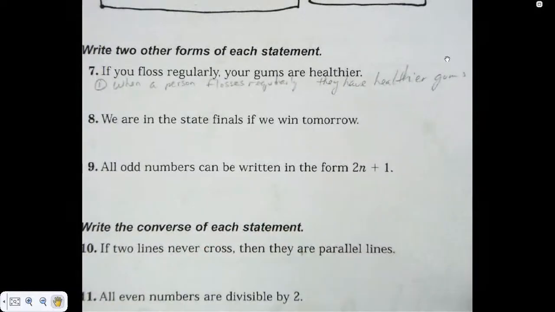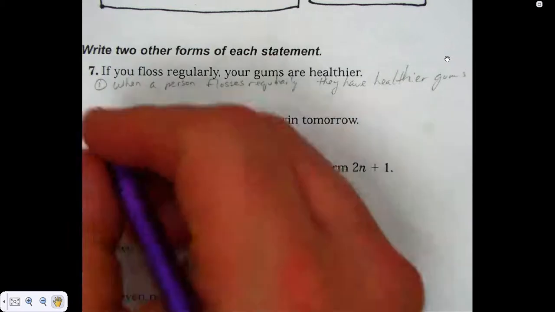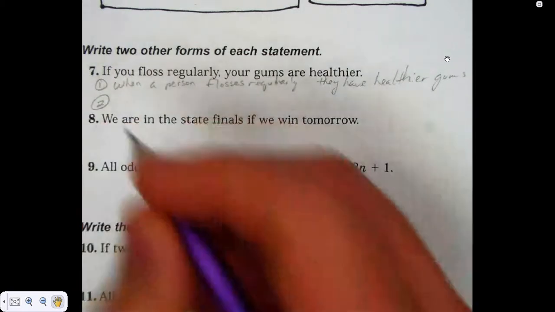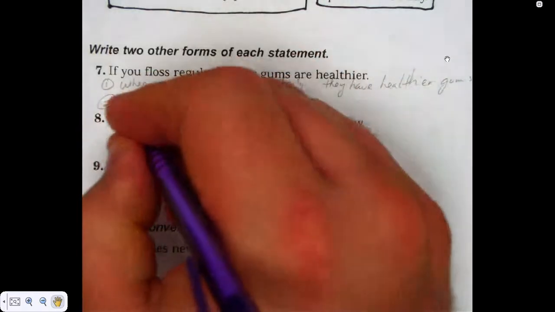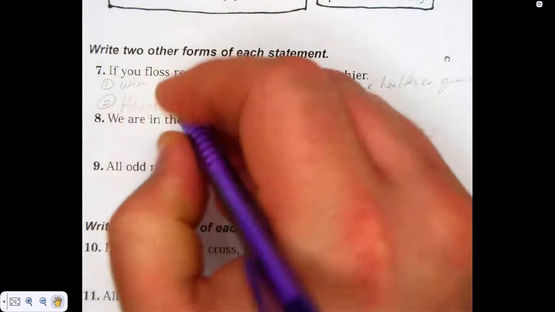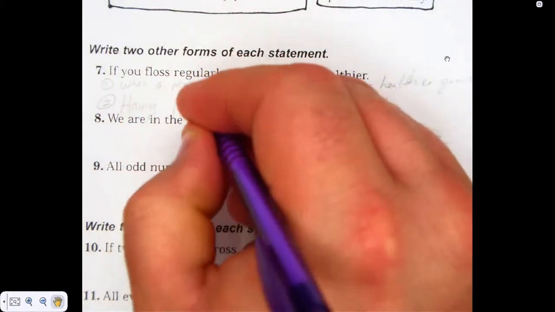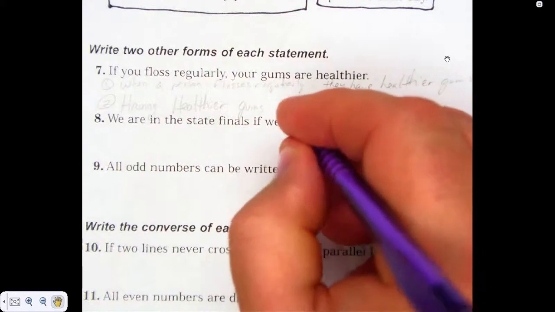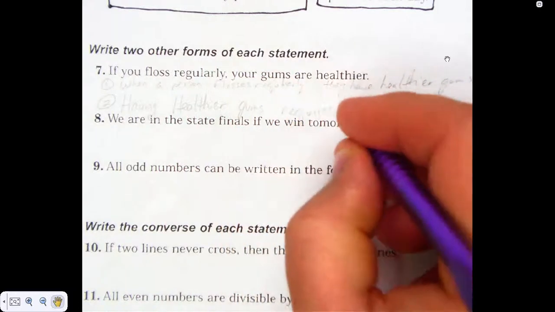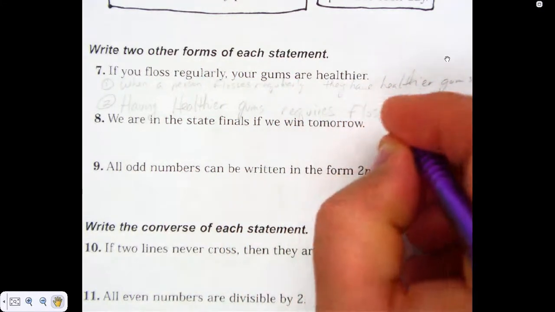Is there going to be a lot of different answers here that probably are right? Yeah. And I'm going to just get really creative out there. I'm going to say, having healthier gums requires flossing what?